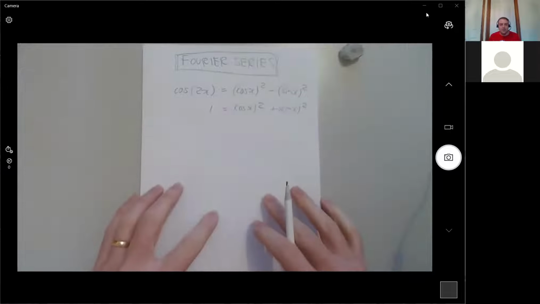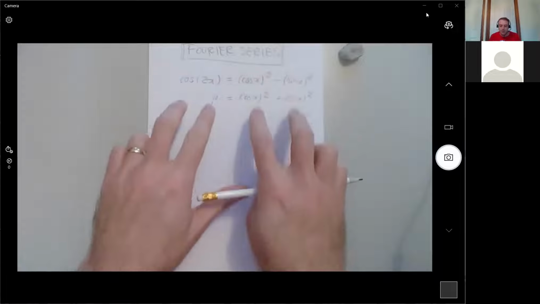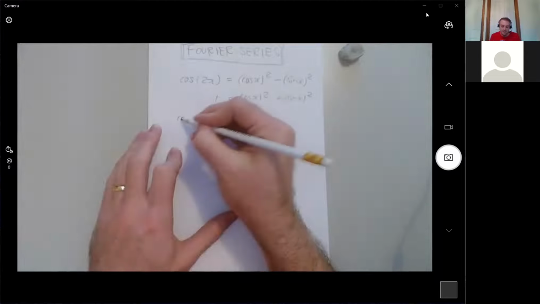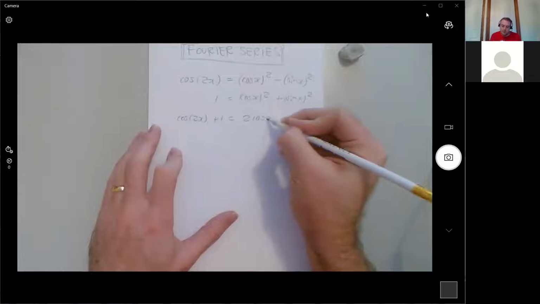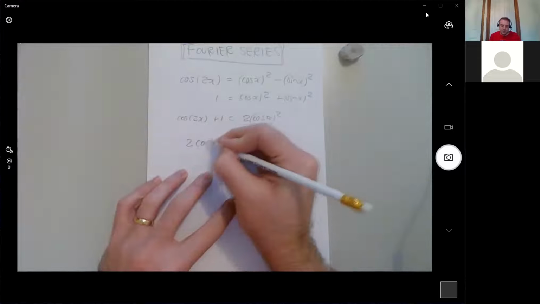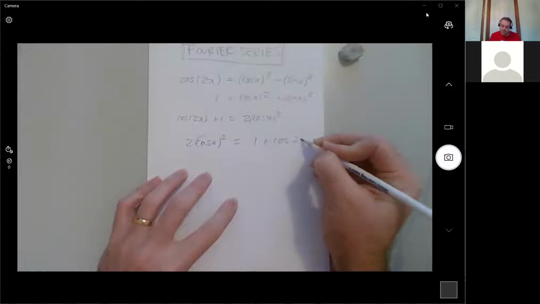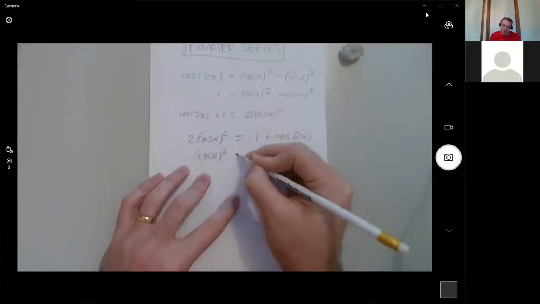And so what you can do is if you go like this one plus this one, you get, okay, which means that you can go 2 of cos x squared. Okay, here it is. I always forget this one. I have to reconstruct it from scratch.